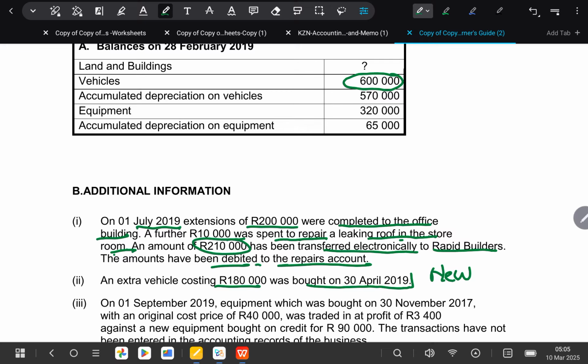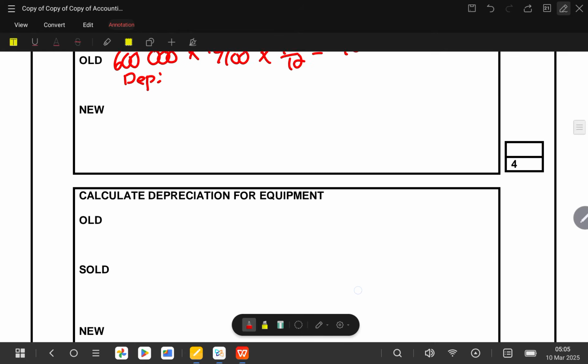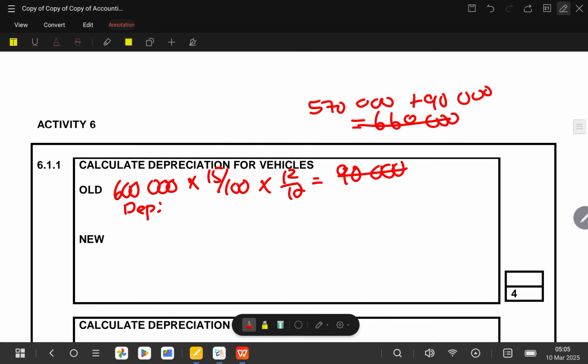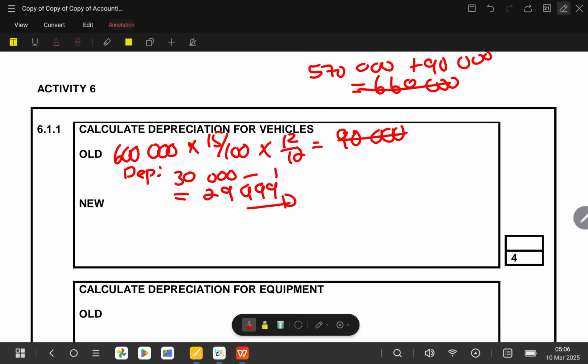Then that will be your depreciation for the year for the old vehicles. So 30,000 minus 1 rand gives you 29,999. This is the highest depreciation you can get for those old vehicles.